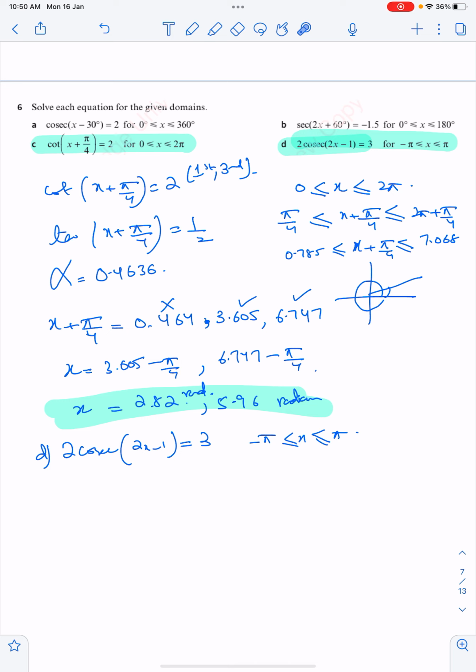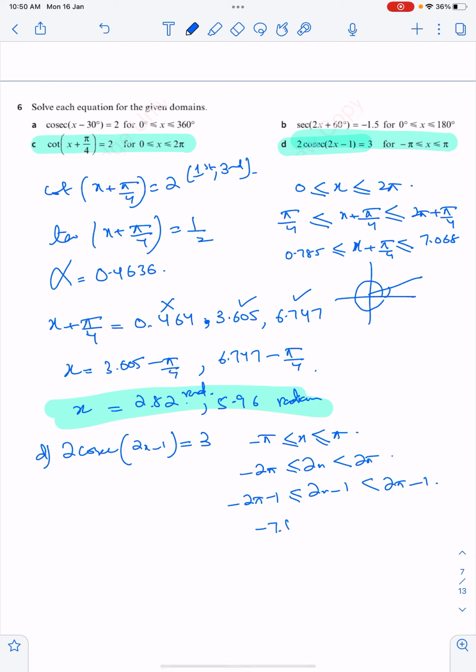So 2x, you make it into 2x first. 2x is going to be minus 2 pi to 2 pi. Okay, 2x minus 1 is going to be minus 2 pi minus 1, and here you will have 2 pi minus 1. Let's get the decimal value of both of these.